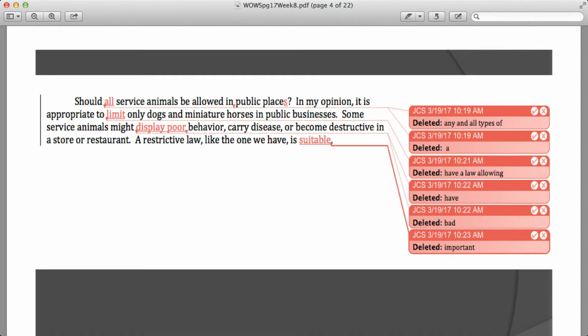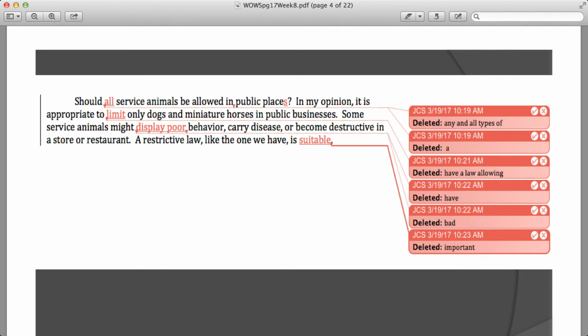So right here you can see I deleted something from this little dotted line. It did say, should any and all types of service animals be allowed in public places? And I decided that's a little too wordy. I should probably take some of that out. And instead, all I kept was this word, all.